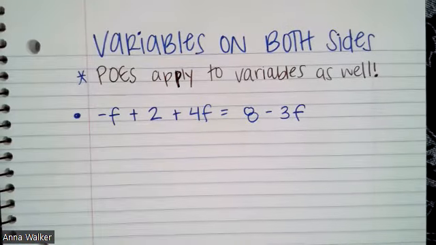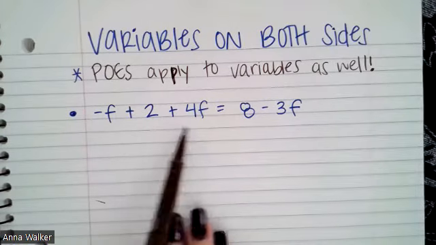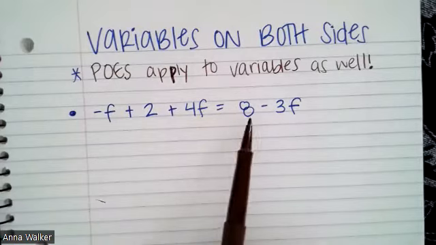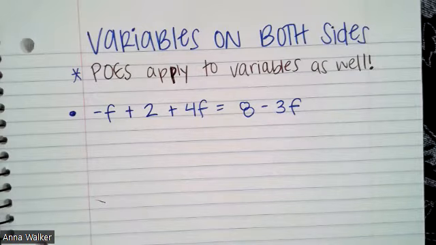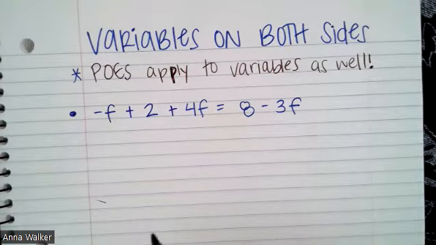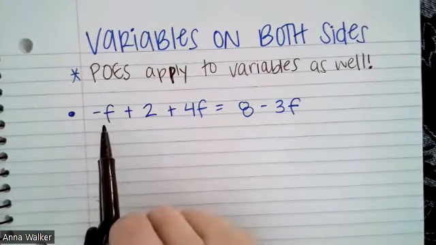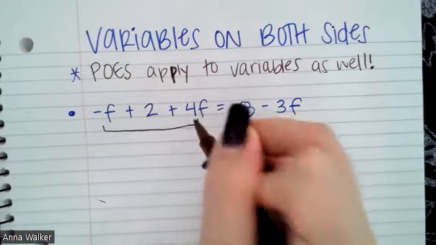So let's just dive in with an example. So we have the equation negative f plus 2 plus 4f is equivalent to 8 minus 3f. So the first thing we want to do when we solve equations is combine any like terms. Well, we have like terms on this side of the equation and on this side of the equation. So the first thing I would say is let's combine the like terms of negative f and 4f.